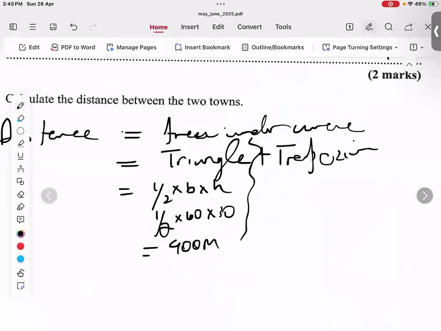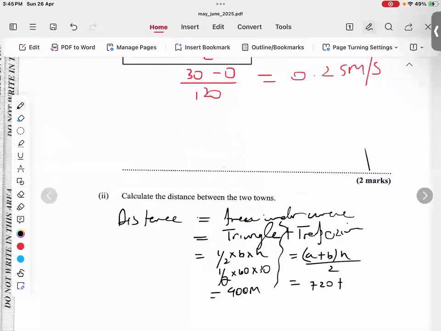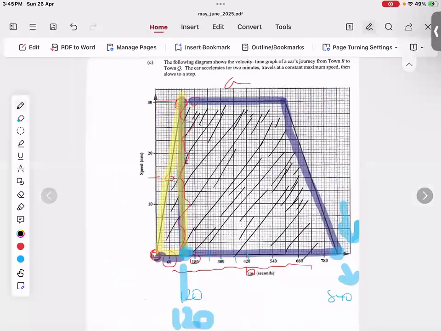So the area of the trapezium is A plus B times H divided by 2. So that is going to be 720. 720? Yes, 720. And the B section up top, what is that distance up there?